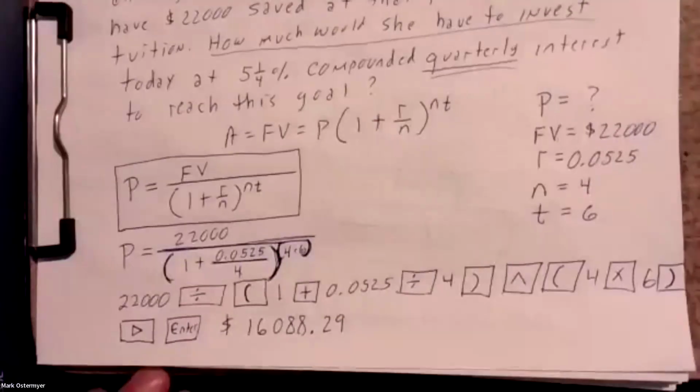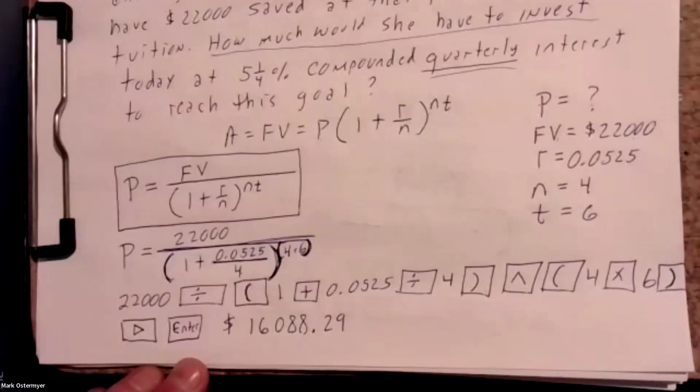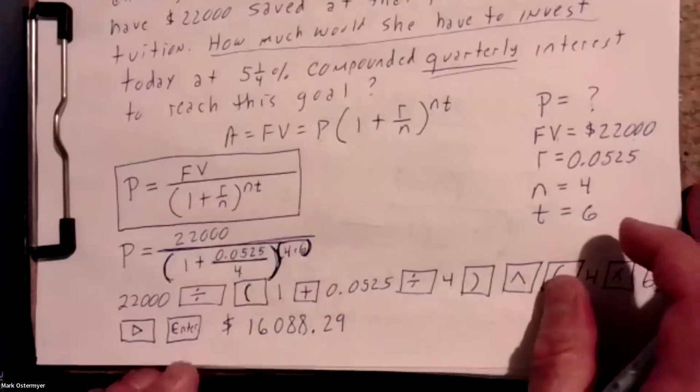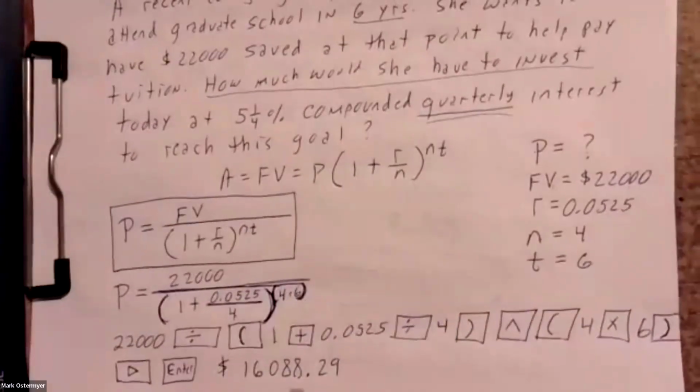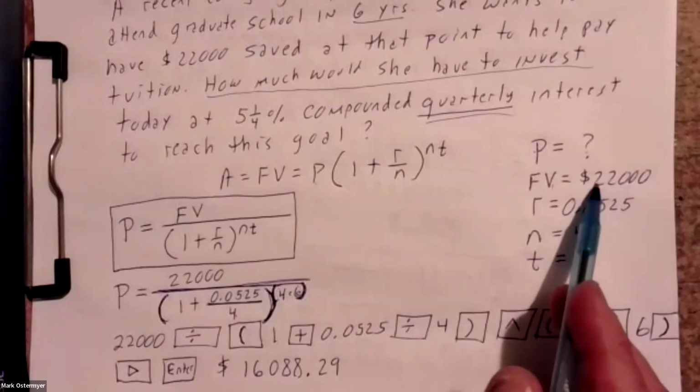Anybody else get that? Okay, this is correct. That's what she must invest today. Do you agree? To ensure that in 6 years, she will have that $22,000 waiting for her.